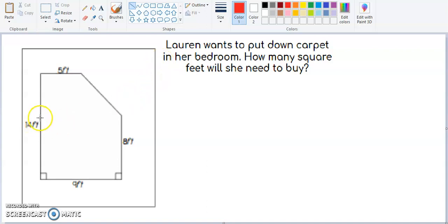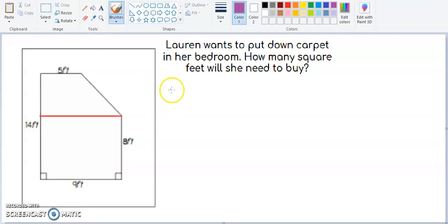We're going to go ahead and split Lauren's room up. Now there are many ways to split this up. I'm going to go ahead and split it using this red line though. There we go. So if we're looking at this, at the bottom here, I have what looks to be a rectangle. It's got my 2 sides. These are parallel. So we're going to go ahead and write down that formula.